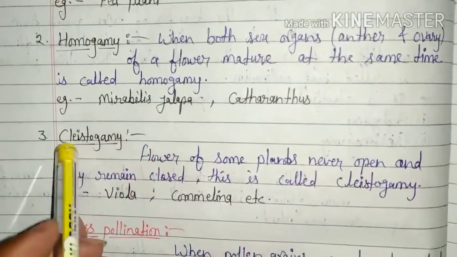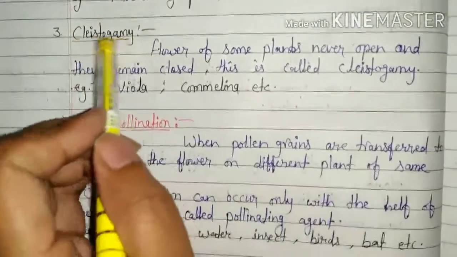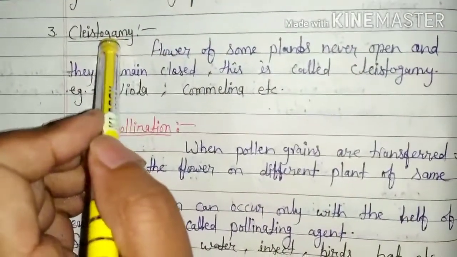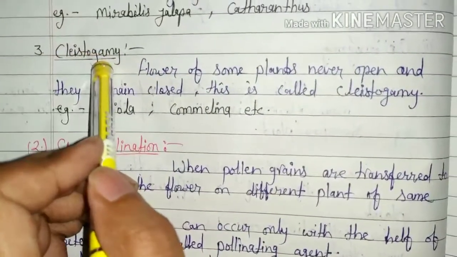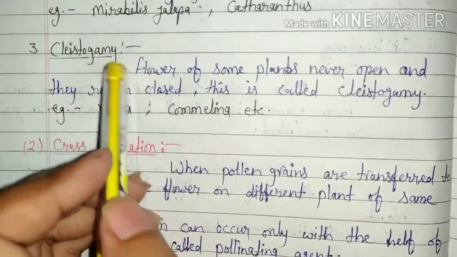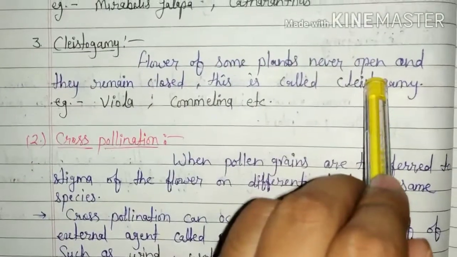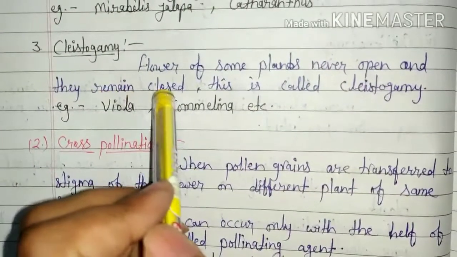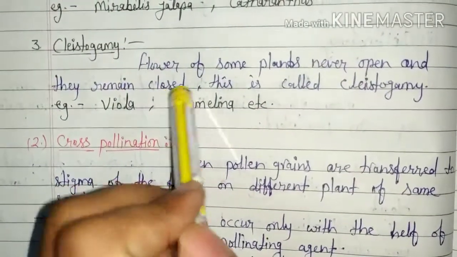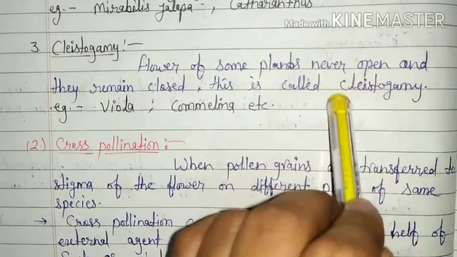Now, the third adaptation for self-pollination is cleistogamy. It is an important term. Flowers of some plants never open and they remain always closed. This is called the cleistogamy condition.